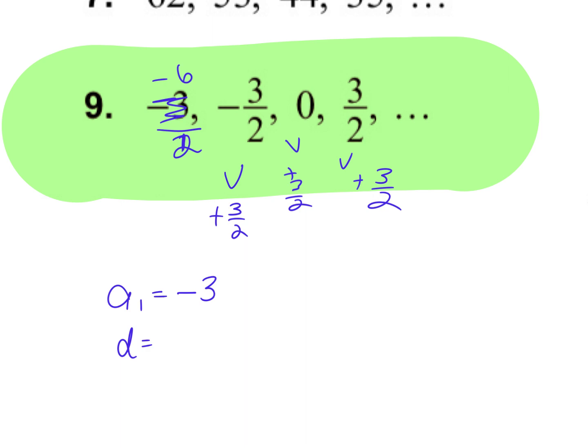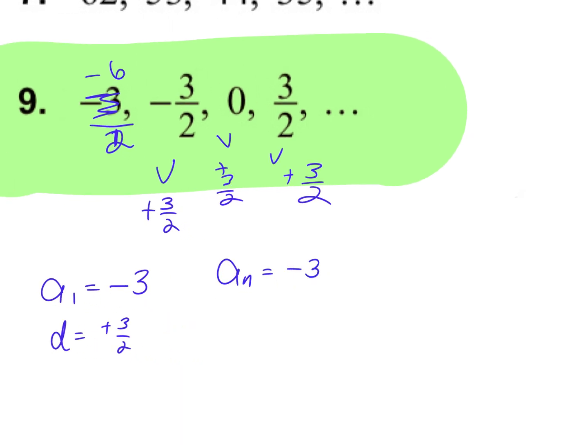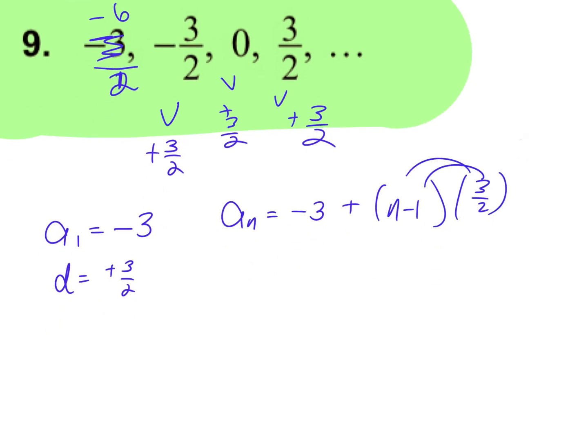And then your common difference was a positive 3 over 2. So just because you have a fraction, guys, no big deal. It's negative 3, our first term, plus n minus 1 times the common difference. So we're going to distribute negative 3 plus 3 over 2n minus 3 over 2. Everybody agree?